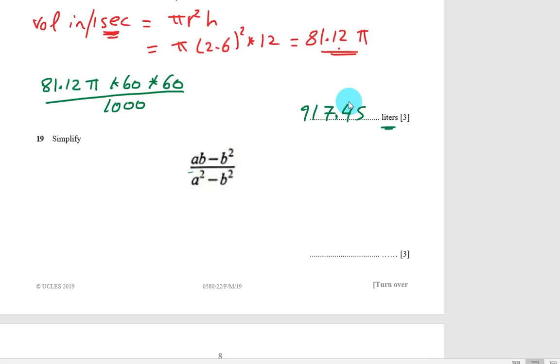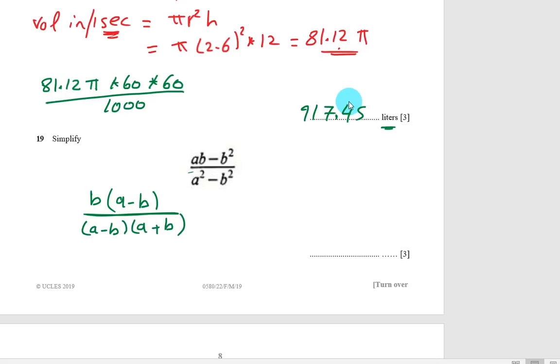Simplify this equation. So let us write this equation in this form. I will take b as a common factor. So it will be (a minus b) divided by (a squared minus b squared). I can write it this way: (a minus b)(a plus b).